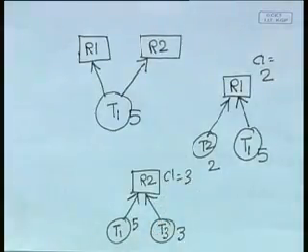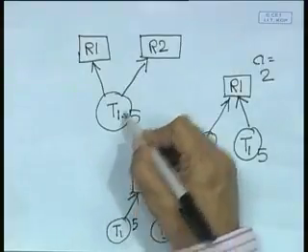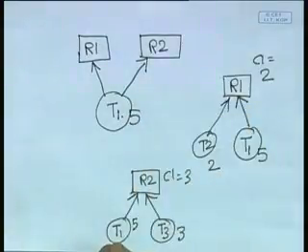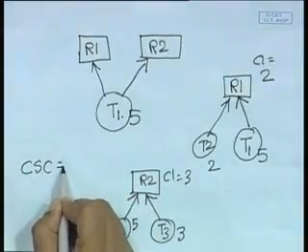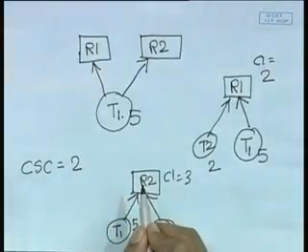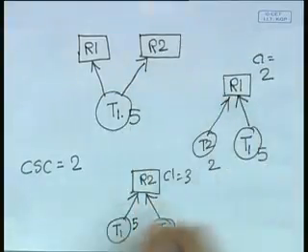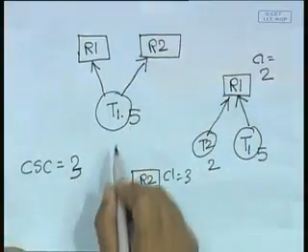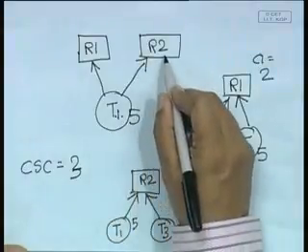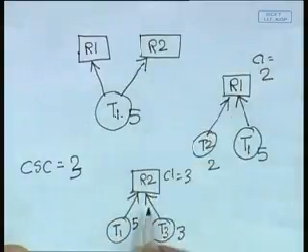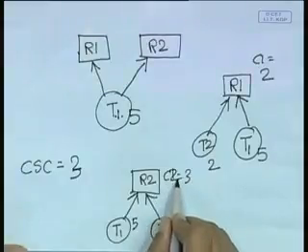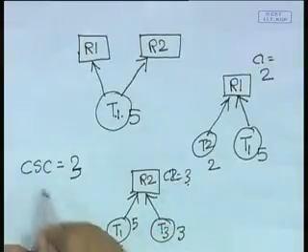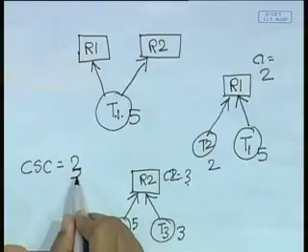Now, let us say T1 first acquired R2. See, T1 first acquired R2 and R2's ceiling priority, this C2, is 3. So, the current system ceiling will be made 3.